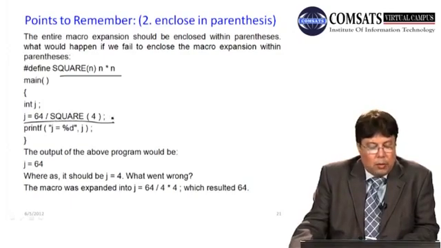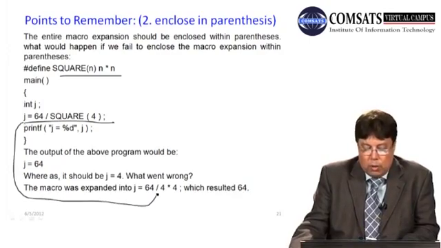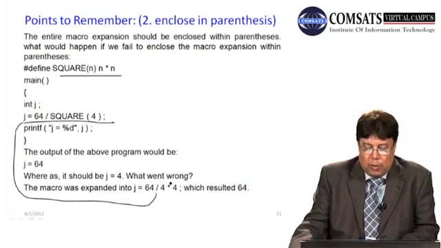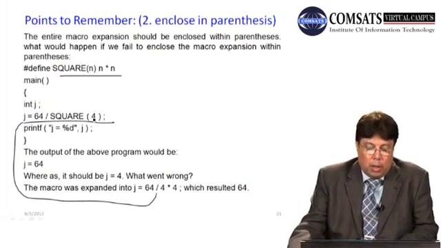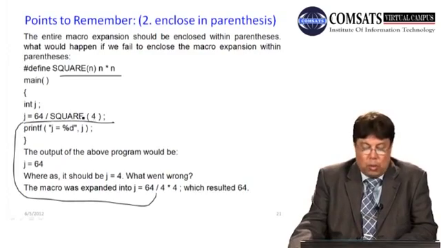So basically it will be translated like this: j is equal to 64 divided by 4 multiplied by 4. Now the precedence rule says that whichever operator comes first from left to right will be executed. So it will divide 64 by 4 to get 16, multiplied by 4, the answer is 64. Whereas the square of 4 should be 16, and 64 divided by 16 means the answer should be 4.